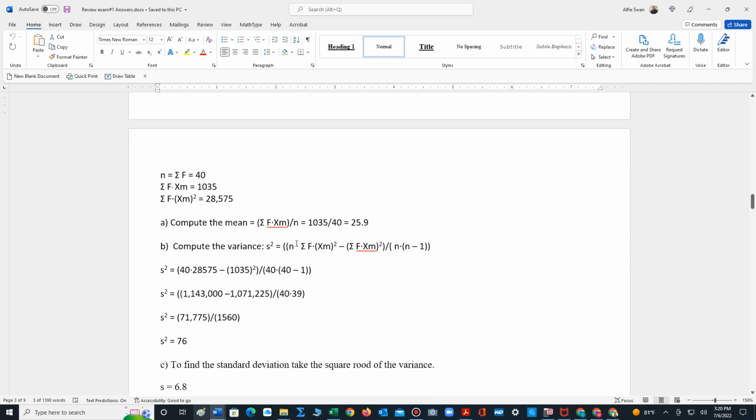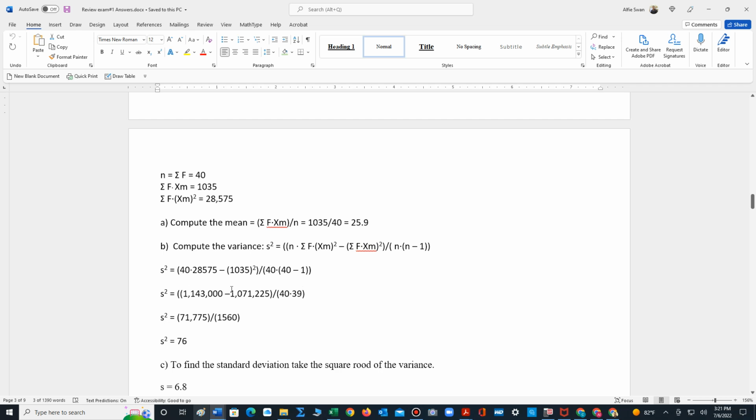To compute the variance, we use our variance for grouped data formula. It's n times the sum of the f times xm squared column minus the sum of f times xm, quantity squared. So we have 40 times 28,575 minus 1,035 squared, all divided by n times n minus 1, or 40 times 40 minus 1.